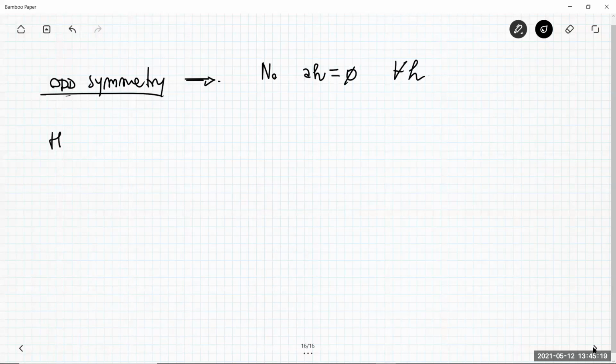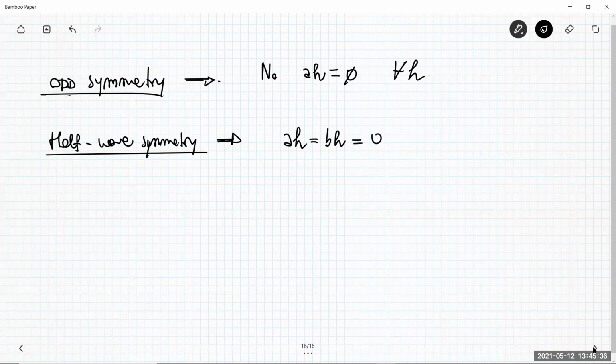If you have half wave symmetry, you have that ah is null, but this is also true for bh, for h an even number.